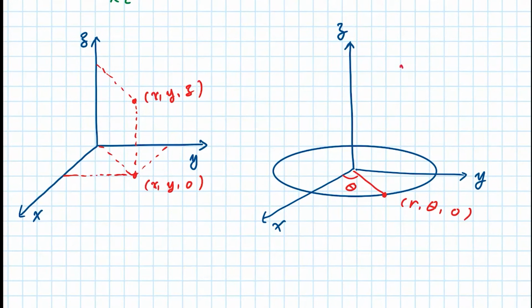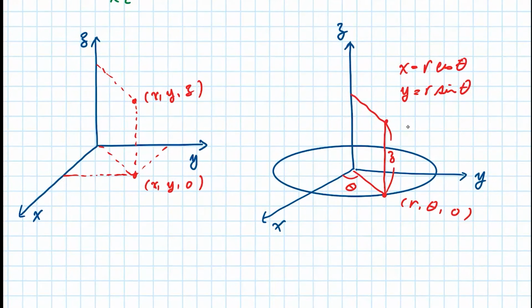So do you remember x used to be R cosine theta and y is equal to R sine theta? Now we give an elevation. That's C. Like that. You get it?